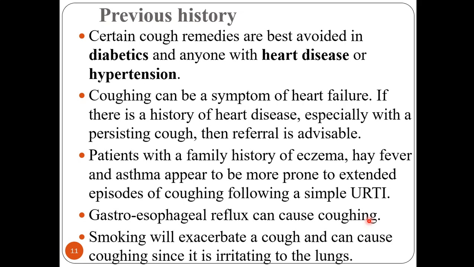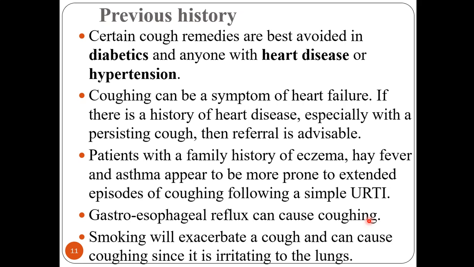Patients with a family history of eczema, hay fever, and asthma appear to be more prone to extended episodes of coughing following a simple upper respiratory tract infection. It is said that allergies such as eczema or dermatitis often develop in the same people, and about 50 to 70% of children with atopic dermatitis subsequently develop asthma.